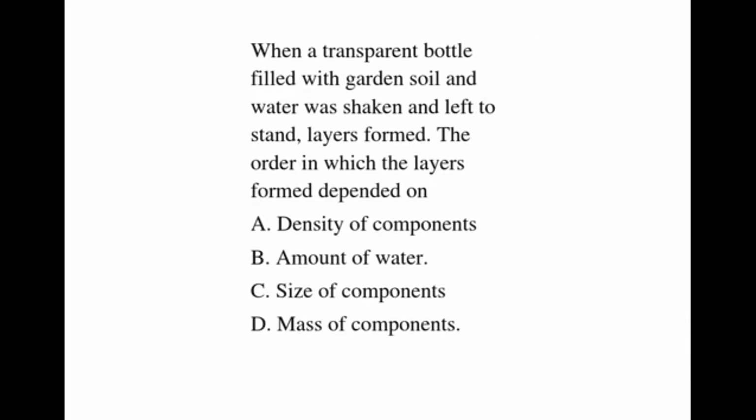When a transparent bottle filled with garden soil and water was shaken and left to stand, layers formed. The order in which the layers formed depended on what? So when you look at garden soil, it contains all types of soil particles.